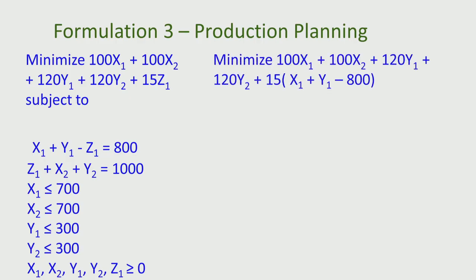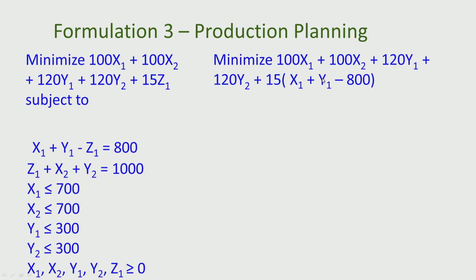Now, the objective function is once again written in a slightly different way. It is now written as 100 x1 plus 100 x2 plus 120 y1 plus 120 y2 plus 15 into x1 plus y1 minus 800. Now, z1 has been left out and replaced as x1 plus y1 minus 800 from this equation.